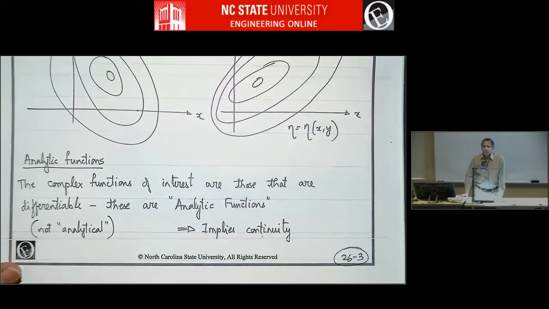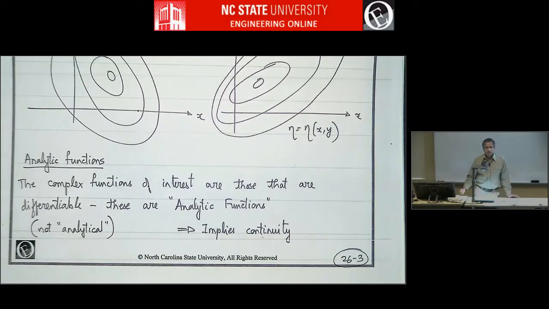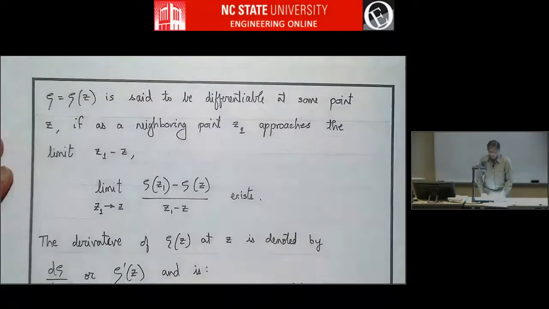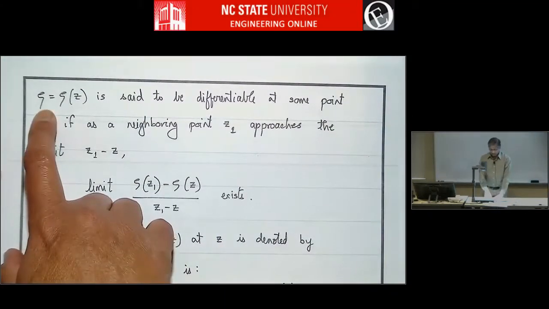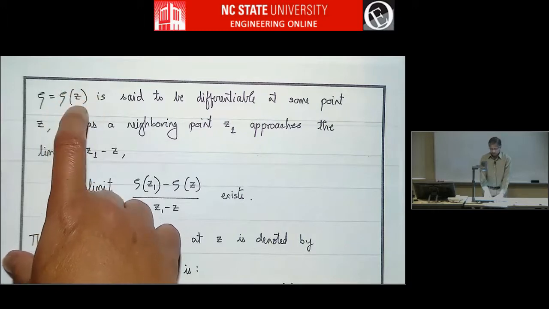So the complex functions that are of interest are those that are differentiable, and these are called analytic functions, and differentiable automatically implies continuity. So let's see what they are. We have this complex function zeta equals zeta of z.